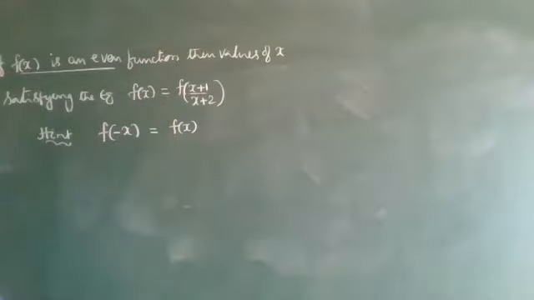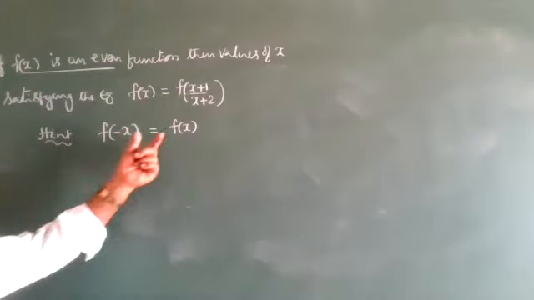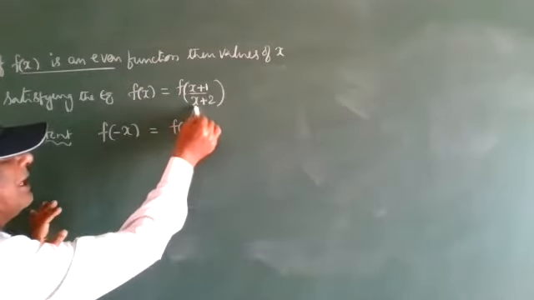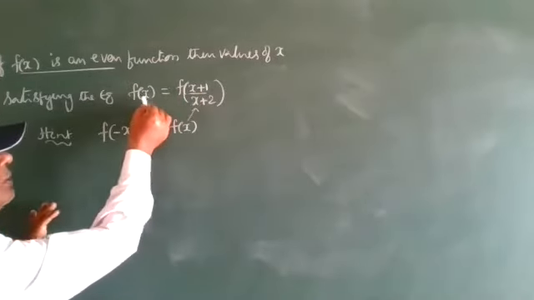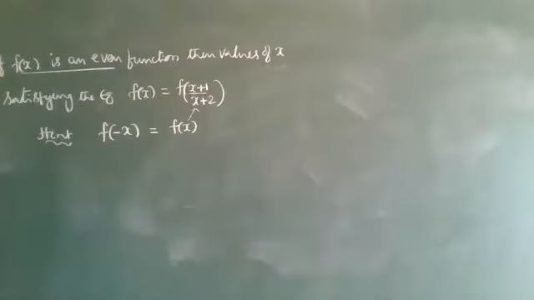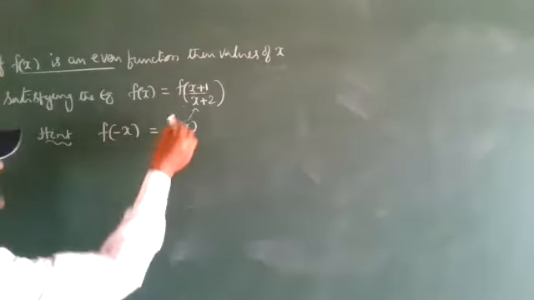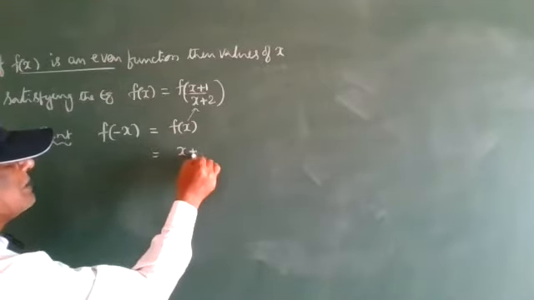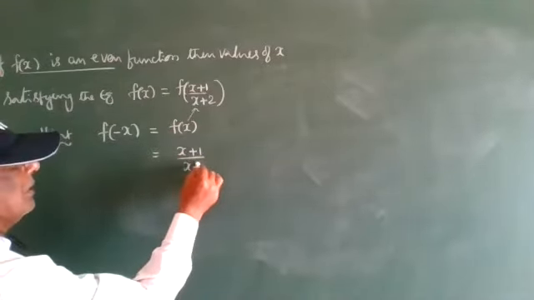The positive f of x value is given by x plus 1 by x plus 2 in place of x. Here it is given by positive x. Now see, here the x place is given by x plus 1 by x plus 2.